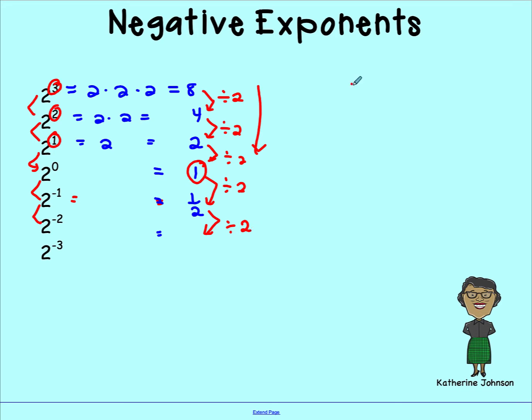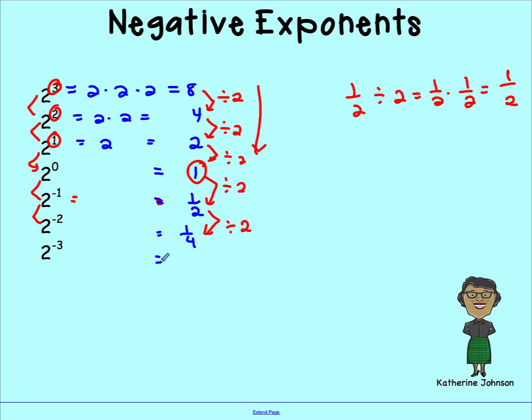I'm going to do that off to the side in case you've forgotten your fraction operations. So 1/2 divided by 2 is the same as 1/2 times the reciprocal of 2. And 1 times 1 is 1, and 2 times 2 is 4, so my product now is 1/4.